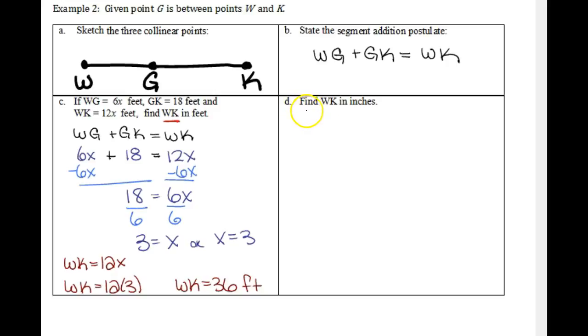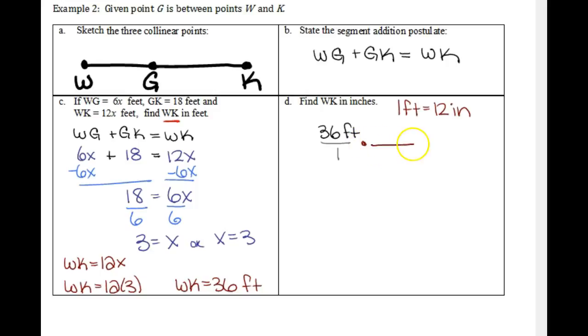Our last task is to find WK in inches, so we will have to do another unit conversion. How are feet and inches related? 1 foot is worth 12 inches. Now we will start with the 36 feet, and I will write it as a fraction.